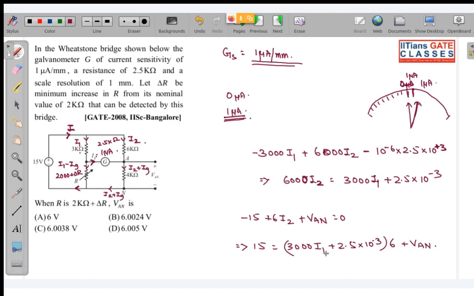Now somehow I need to find this I1 the easy way. Why am I not able to get this I1? See, we cannot Theveninize also. Why? Because there are two constraints. This del R is also present.